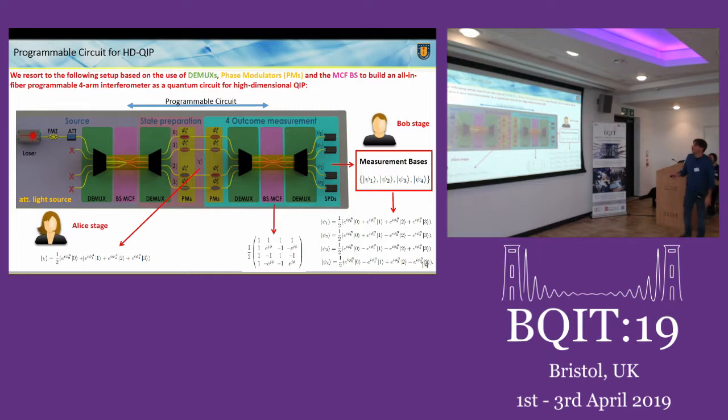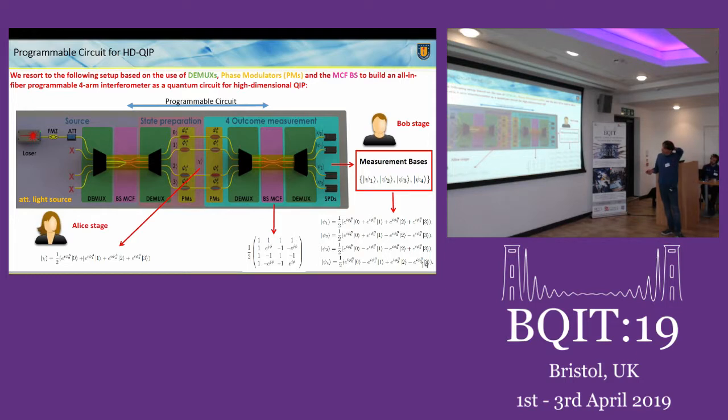You can have here phase modulators, fiber built-in phase modulators for example, generating the states you want. And you can also build the measurement, like we were discussing, combining this device. And also you can have another set of phase modulators in here to change the settings you are using when detecting the states. And why is this interesting?